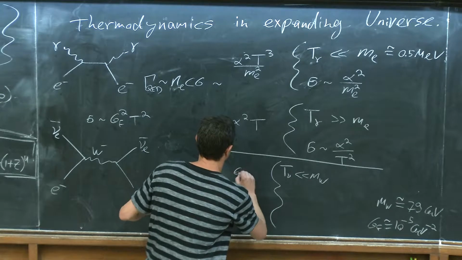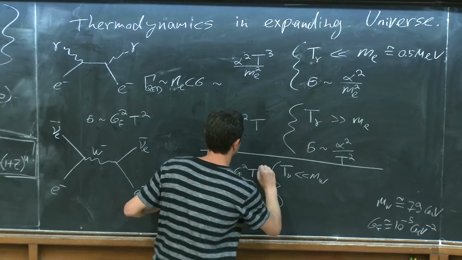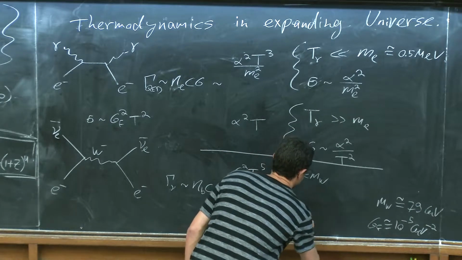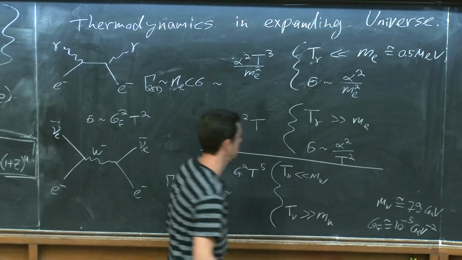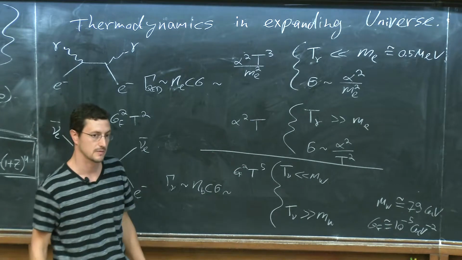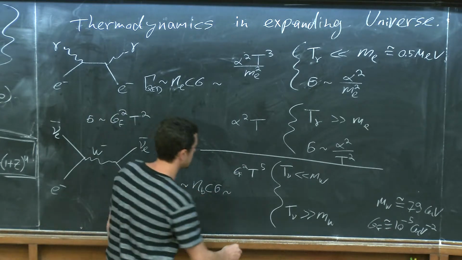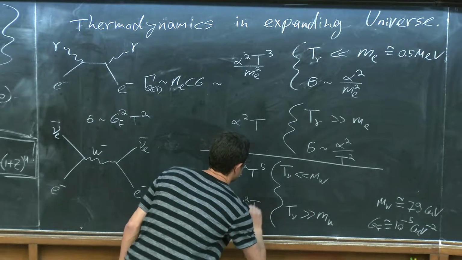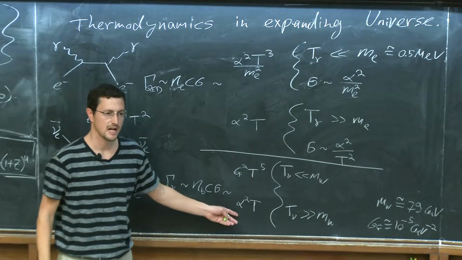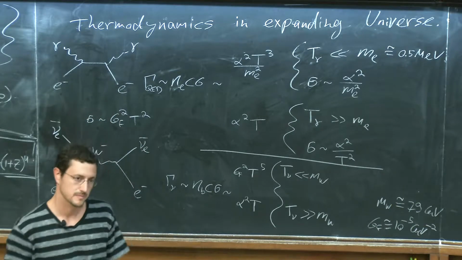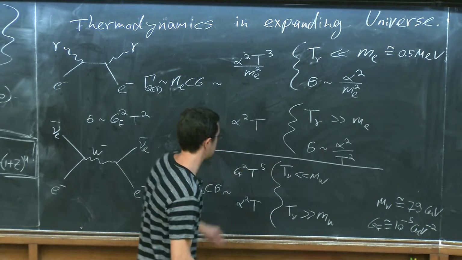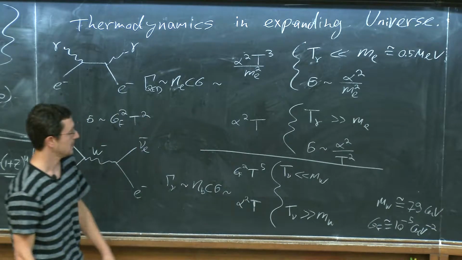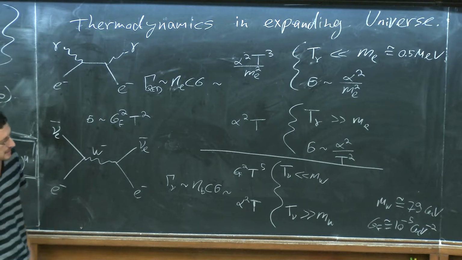So this will scale like G Fermi squared T to the 5. When the temperature is so high that it's actually higher than the W mass, then a similar thing to what happened to QED will happen to us. And the interaction rate will have to scale, roughly speaking, like alpha squared T. It's not precisely alpha, it's just G, it's not E, but other than that, it's the same parametric scaling. No need to introduce more notation. Okay, so this is when the energy in the propagator is higher than the W mass.